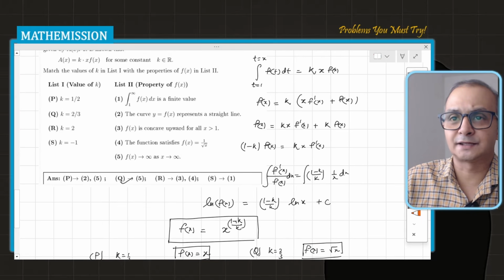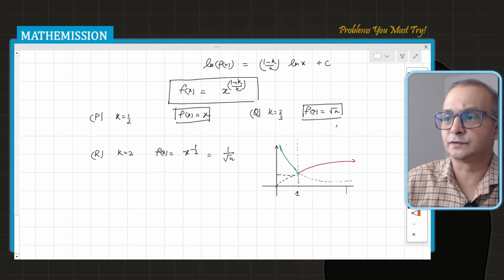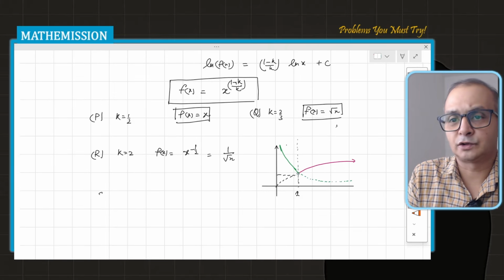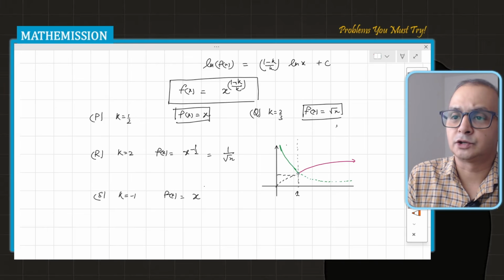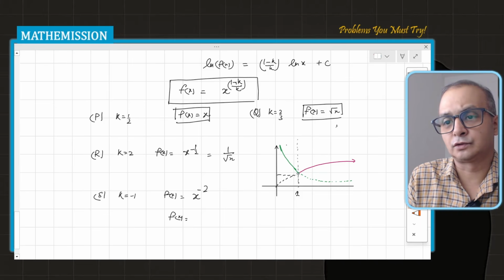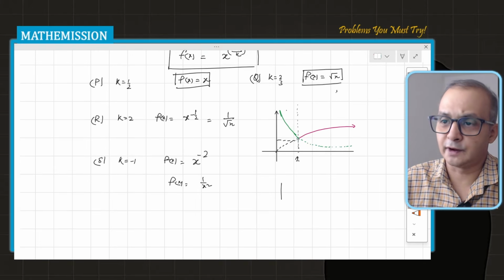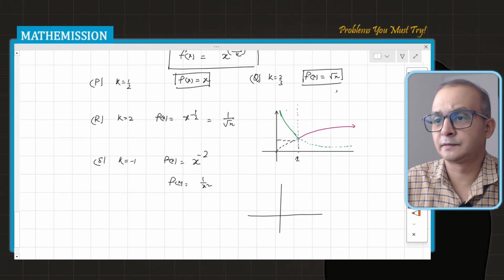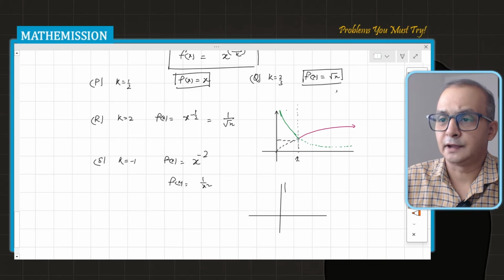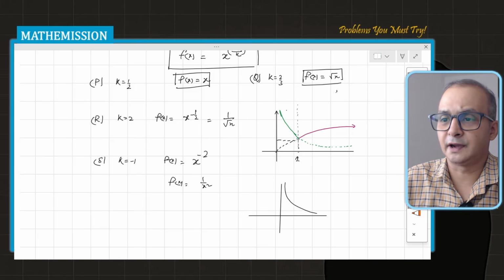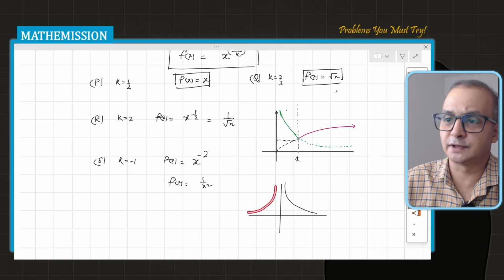Now the last one is when k is equal to minus 1. When you take k is equal to minus 1, that is going to be f(x) is equal to x to the power minus 2. So f(x) is equal to 1 by x square, and similarly the 1 by x square graph is going to be like this, but there is actually this part also, but this part is not taken.